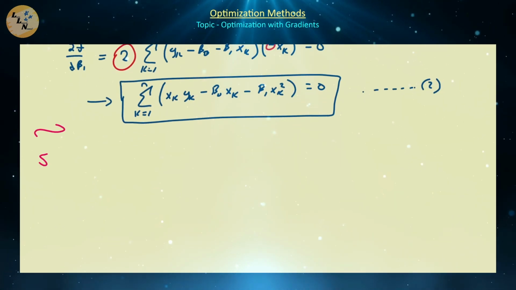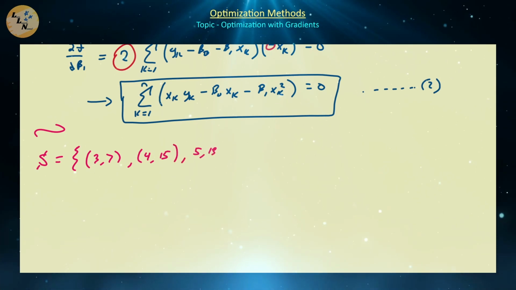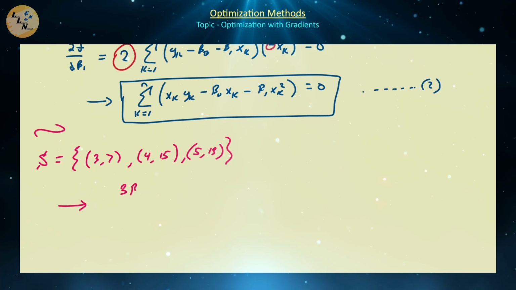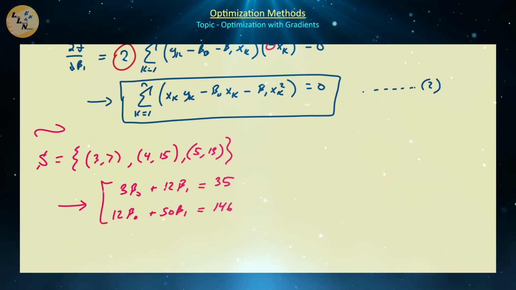So let's just recall what our set of data points was. Our set of data points was (3, 7), (4, 15), and (5, 13). So if we input these into those equations and combine like terms, we're going to have the following system. 3 beta 0 plus 12 beta 1 is equal to positive 35, and 12 beta 0 plus 50 beta 1 is equal to positive 146.